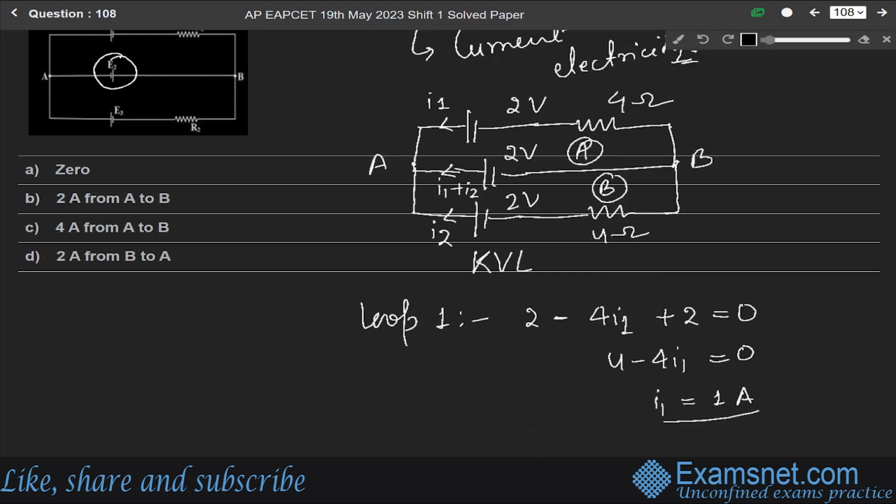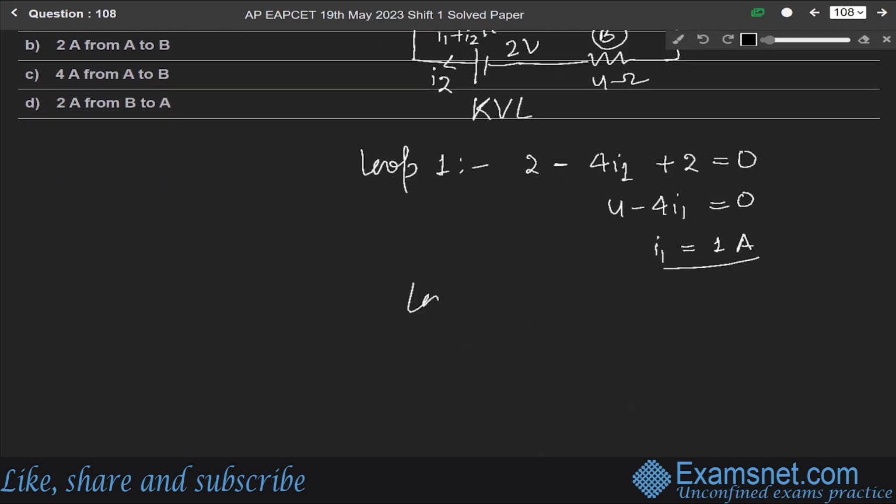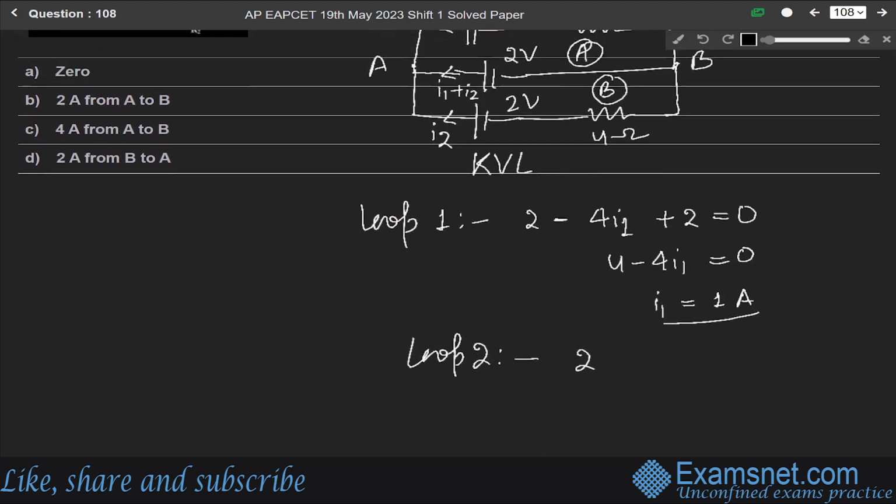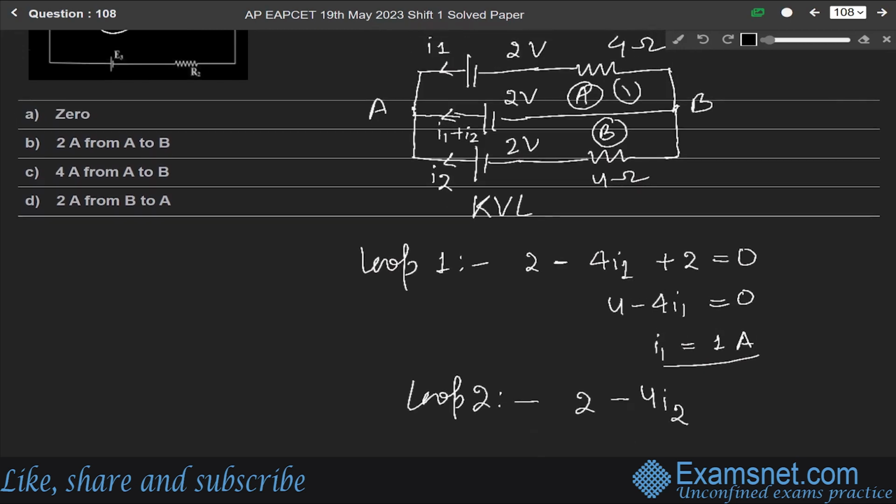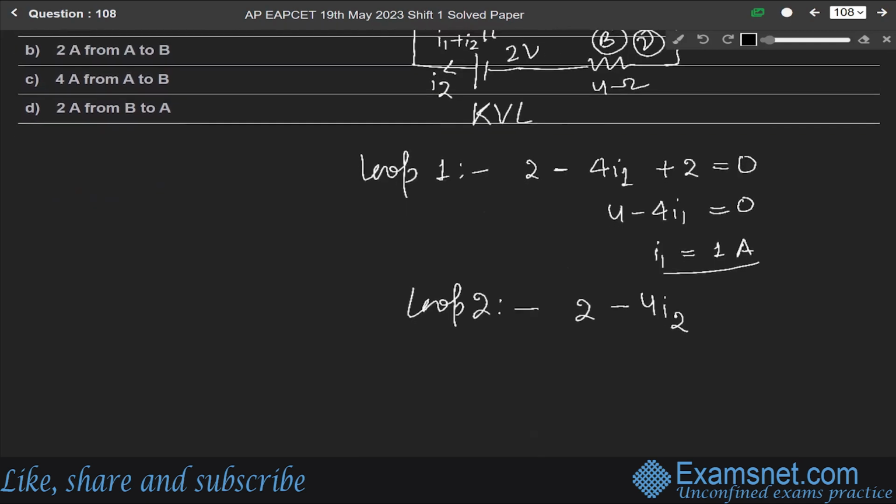For loop 2, that is loop B, we can write 2 minus 4I2 plus 2 equals 0. This is loop 1, meaning loop A, and this is loop 2, meaning loop B. So I2 will be 1 ampere.